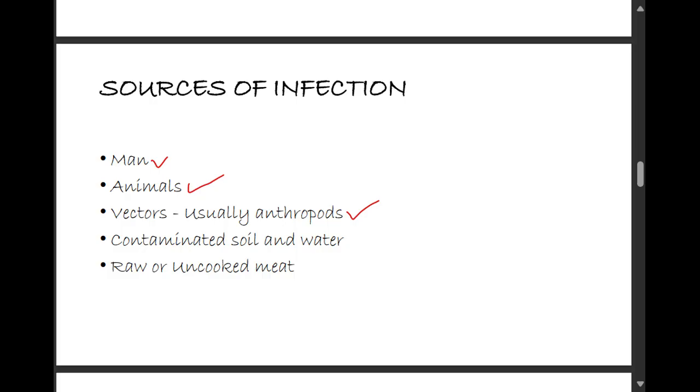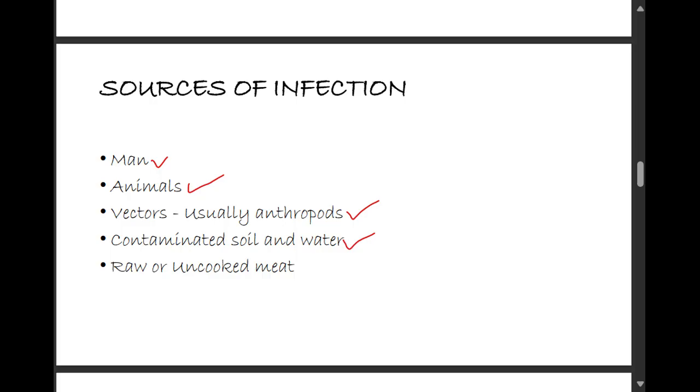Then we also have contaminated soil and water. When the soil is polluted with human excreta, which contains eggs of the parasites, it can act as a source of infection, for example hookworm, as well as Ascaris species.